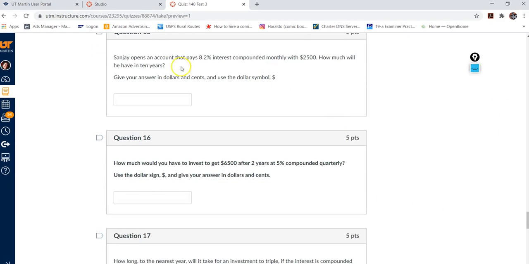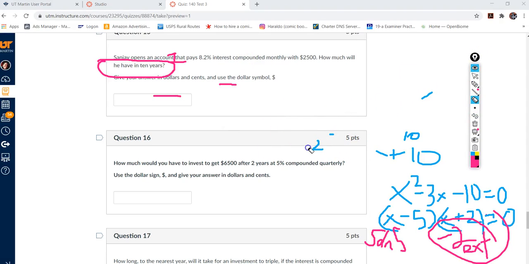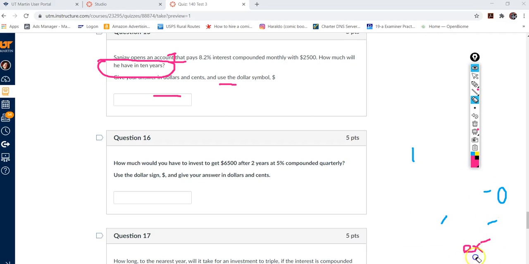Okay. Sanjay opened his account that pays 8.2% compounded monthly. So since it's monthly, the formula we have to use is the compounded interest formula, not the continuously compounded interest formula.